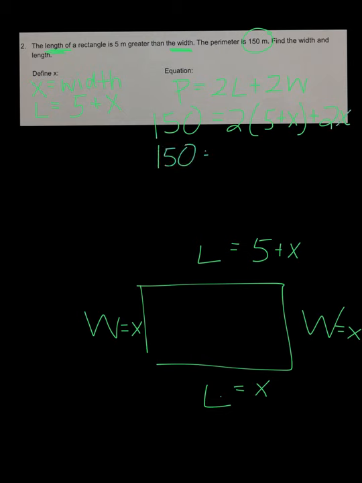So if I do this out, 2 times 5 is 10, 2 times x is 2x, plus the 2 widths equals 150 on the left side, and 10 plus 4x on the right side.